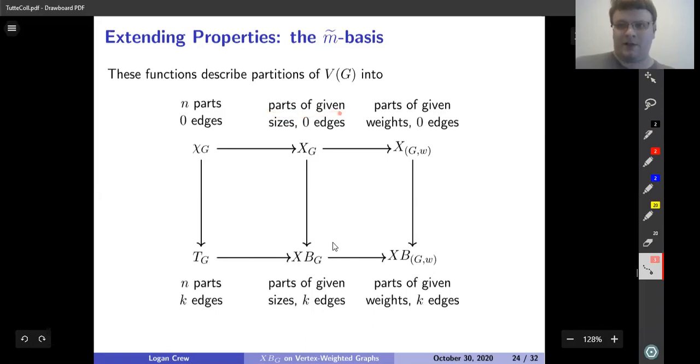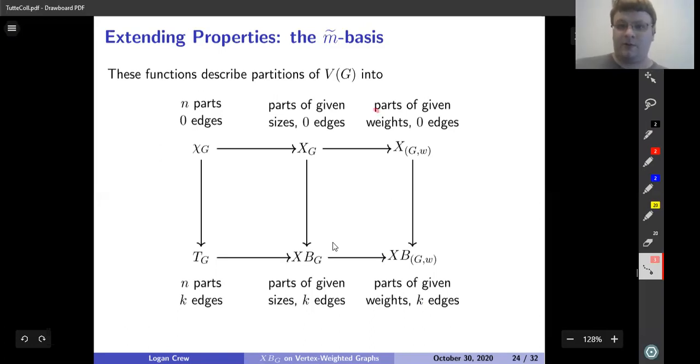Like we mentioned, when we had two proper three colorings of delta, we can distinguish them because one of them induces parts of sizes 3, 1, and 1, and one of them induces parts of sizes 2, 2, and 1. And that ends up corresponding to the M basis. You can think about that because that's what we end up getting when we sum over these stable partitions. These partitions of the graph into stable sets.